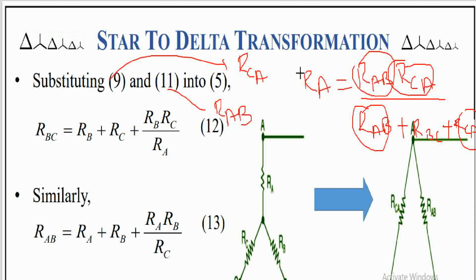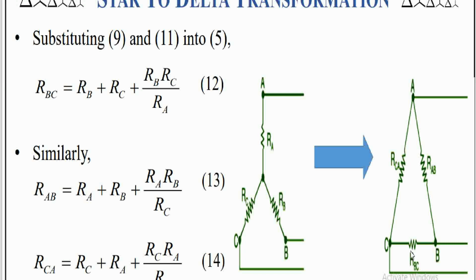Now you will get an equation in terms of RA, RB, RC for RBC. So by substituting 9 and 11 in 5, you will get an equation for RBC. RBC is nothing but a branch of delta. So by doing 5 by 6, 5 by 7, you are getting 2 equations. By substituting RAB and RCA in terms of RA, you are getting the value of RBC.